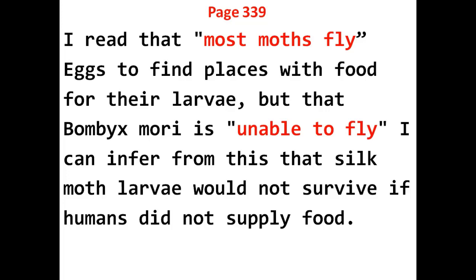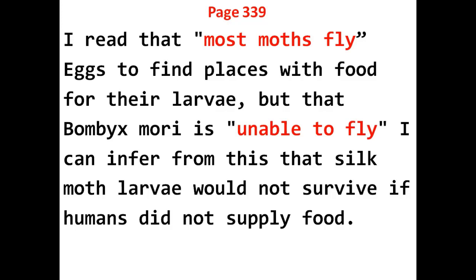I read that most moths fly to find places with food for their larvae, but Bombyx mori is unable to fly. Bombyx mori is a silkworm, a moth which makes silk. I can infer from this that silk moth larvae would not survive if humans did not supply food.